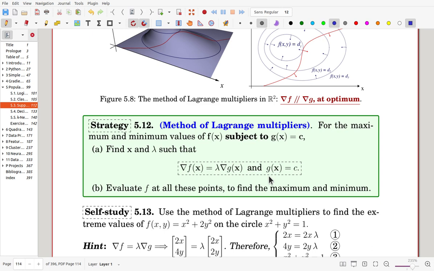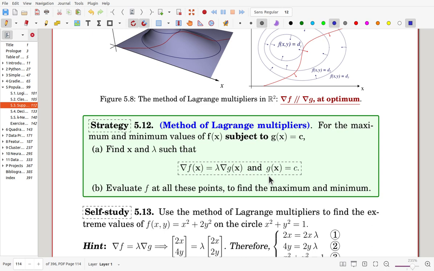So we can solve it, having a finite number of solutions. If it is a linear system, then it can have a unique solution. But usually, because it's a nonlinear problem, it may have more than one.